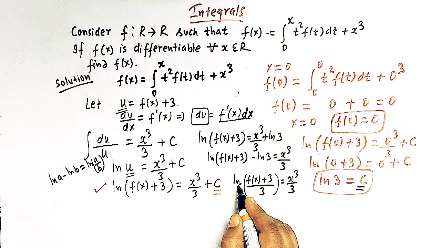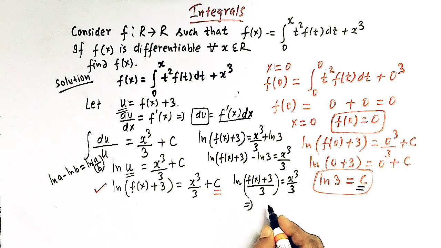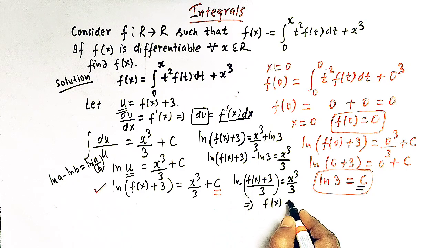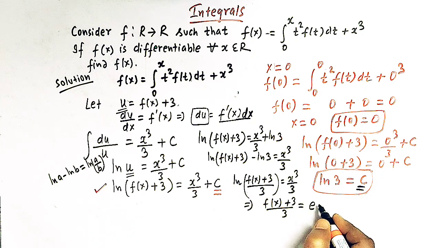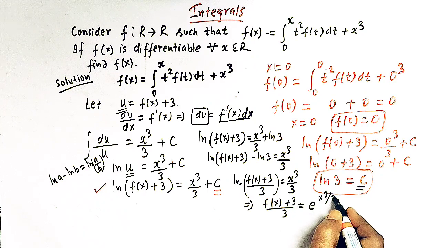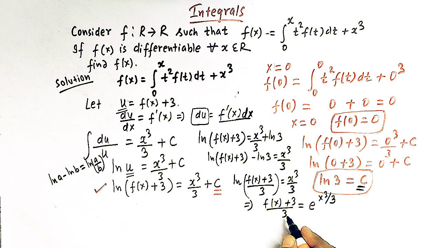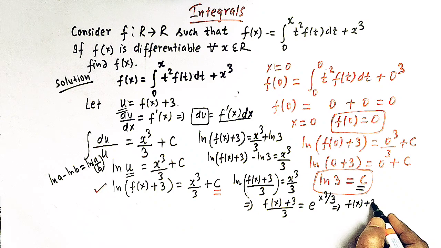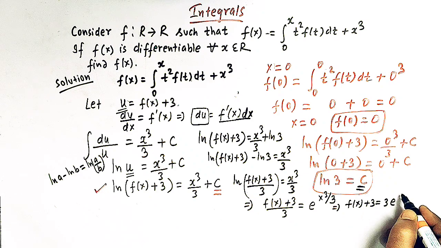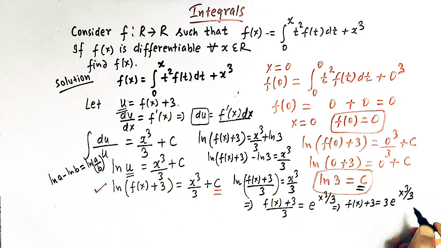So now removing this natural log, we can write f of x plus 3 over 3 is equal to e raised to x cube over 3, right? And multiplying this term by 3, we have f of x plus 3 is equal to 3 times e raised to x cube over 3.